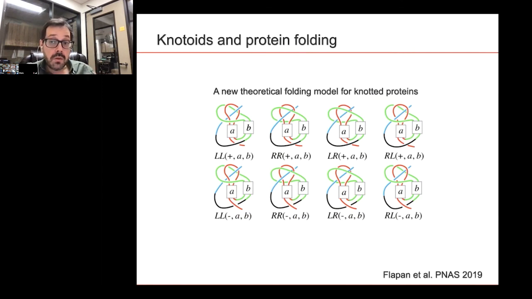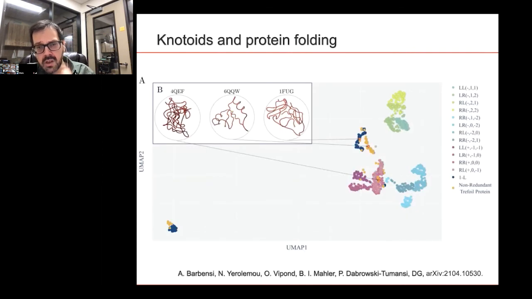And I said, okay, why don't we do it for all trefoil proteins? And there are actually 12 cases for this double loop mechanism. And we did again the same thing. We generated a bunch of trajectories that mimic all of those 12 trajectories, and we also generated the one loop.